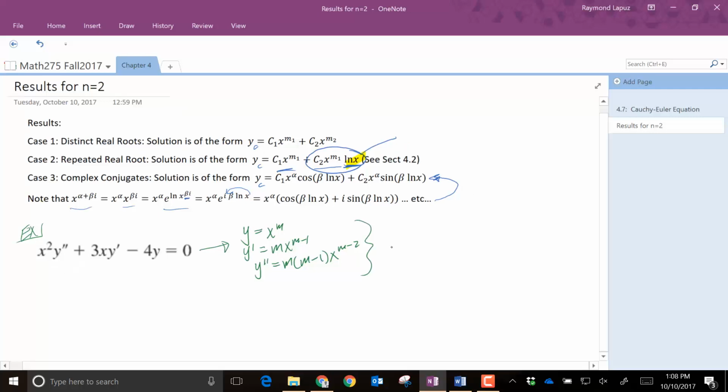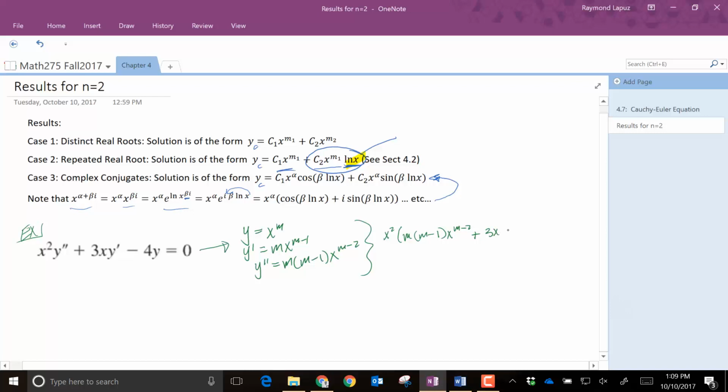So you put that in here, and we're going to get x squared times m(m minus 1) x to the m minus 2. It's pretty much guaranteed that you'll come up with an x to the m in each term that you can factor out. That's one thing to look out for in streamlining your process.